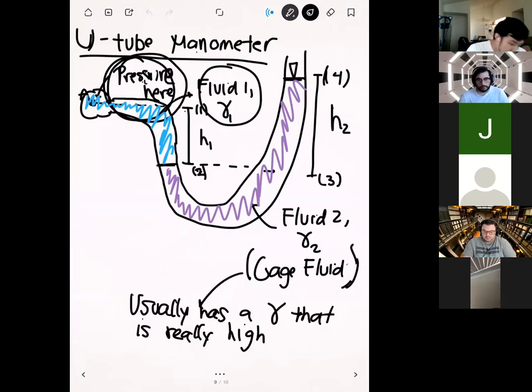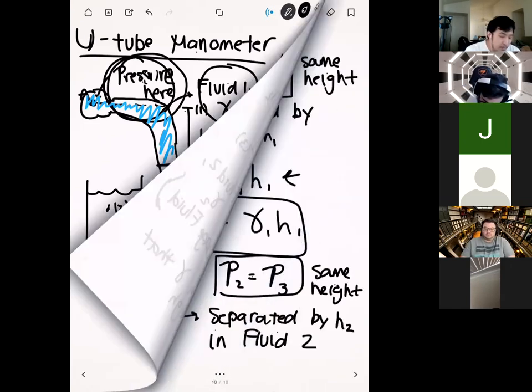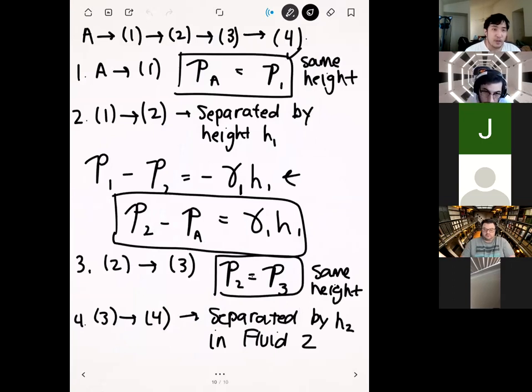The reason is that in the example we did, we had point 2 on top and point 1 on the bottom. In this case, because we're working our way from the left to the right, I have point 1 on top, so I did P1 minus P2 here. To remember, you can think of it as top pressure minus bottom pressure is equal to minus gamma times H. Okay, got it. Thank you.